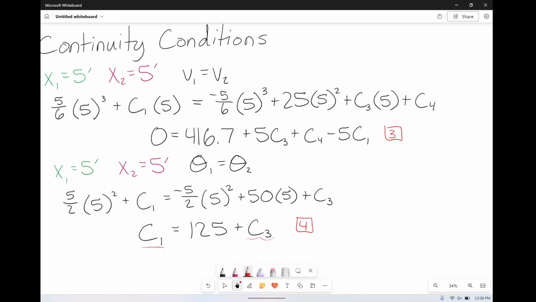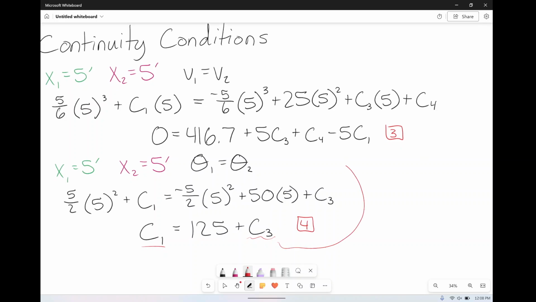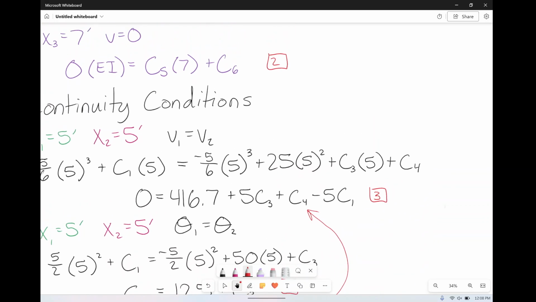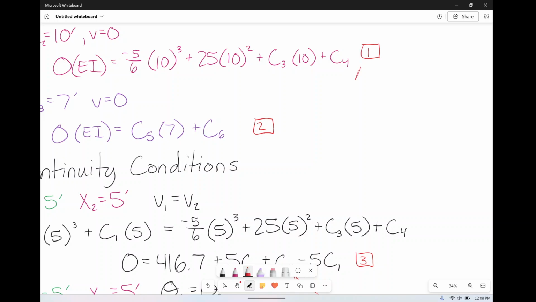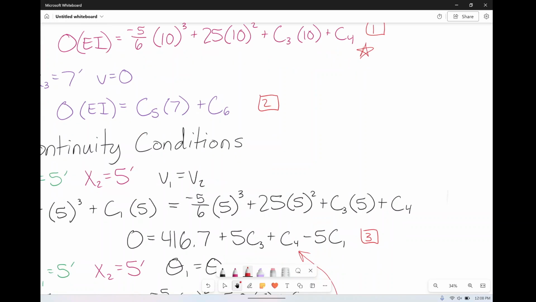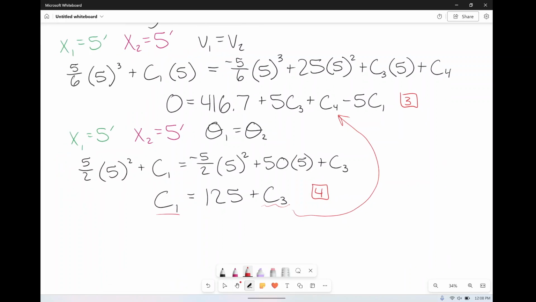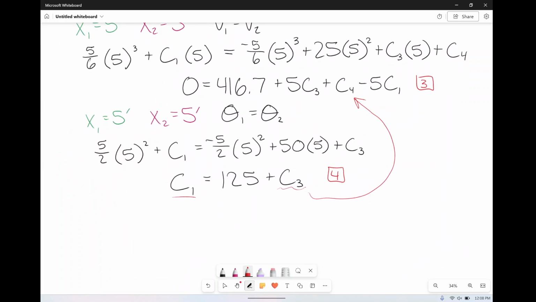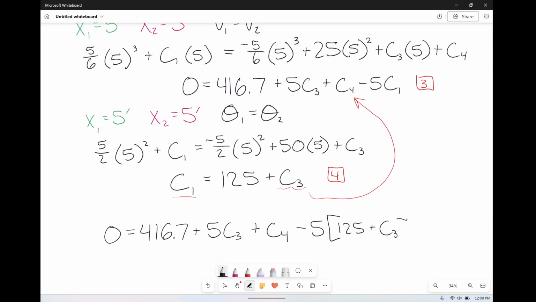But actually, I have a C1 in terms of C3. If I plug this back into here, I'm going to have an equation in terms of C3 and C4. And I already have an equation up here in terms of C3 and C4. So let's do that, and then I will be able to solve for C3 and C4. When I plug that in, I get 0 is equal to 416.7 plus 5C3 plus C4 minus 5 times 125 plus C3.